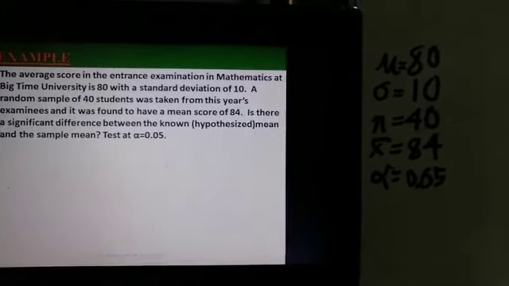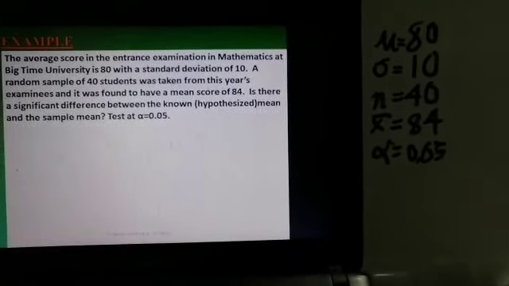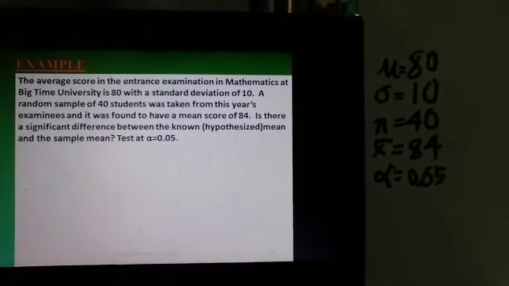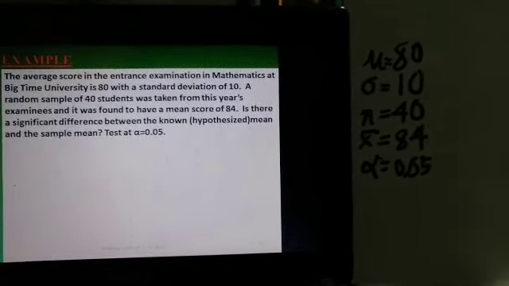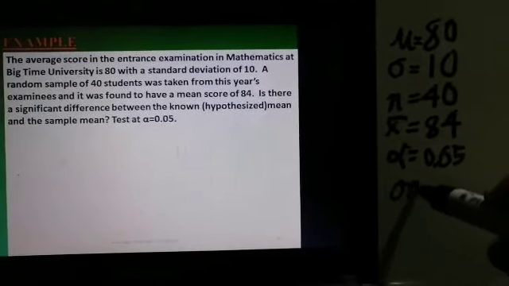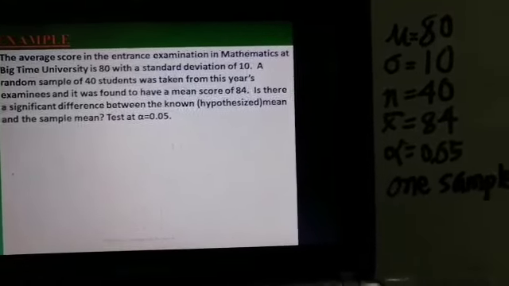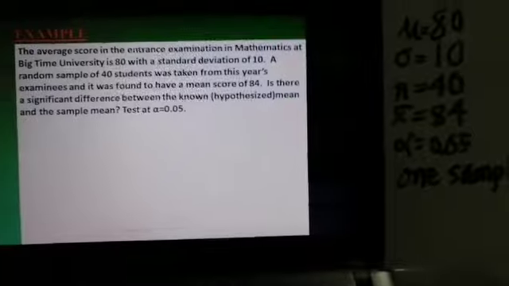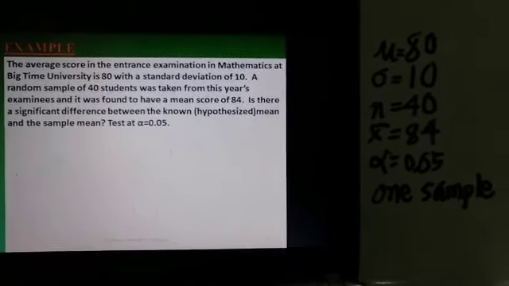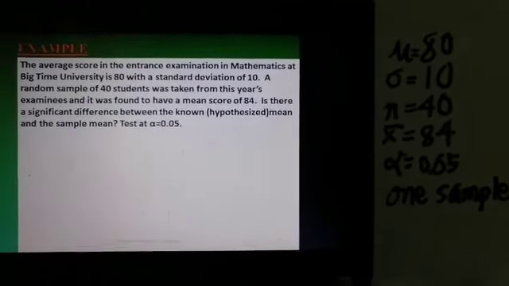So is that clear? Now, let me ask you, how many samples do you see in this problem? That's my baby that you could hear in the background. How many samples? There is only one sample or one group that we can see in our problem. So what type of test are we going to use? Z-test, T-test, or F-test?